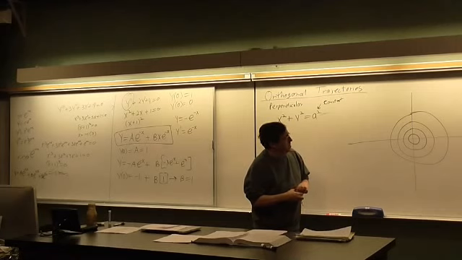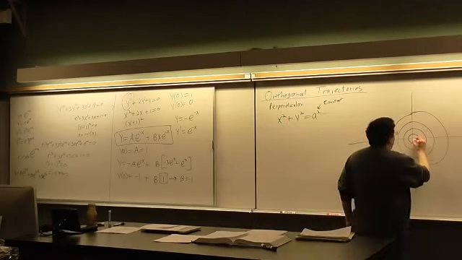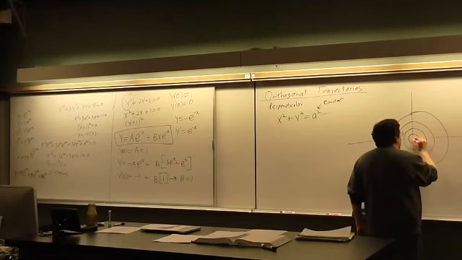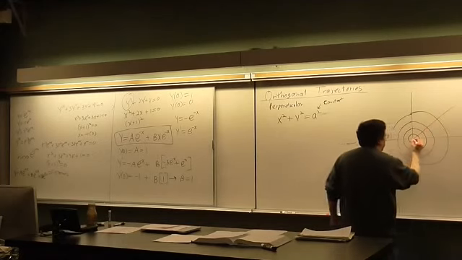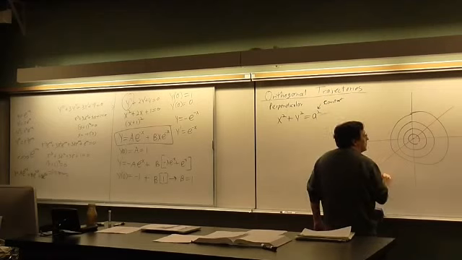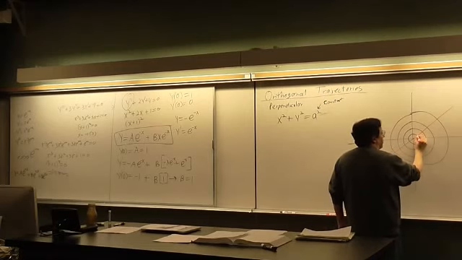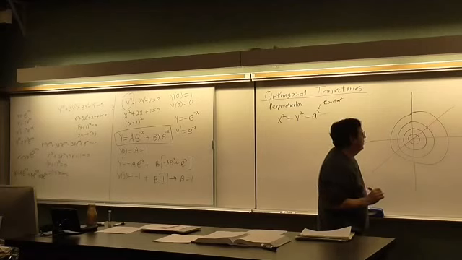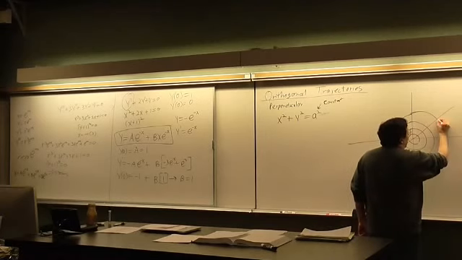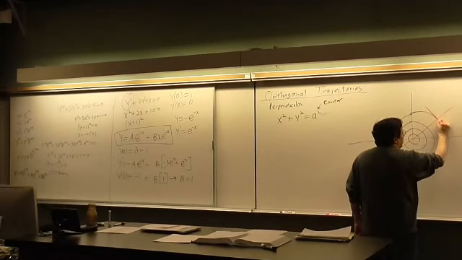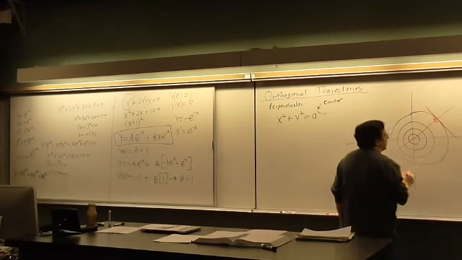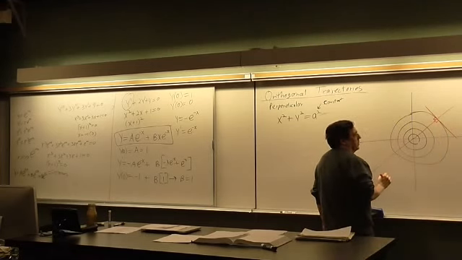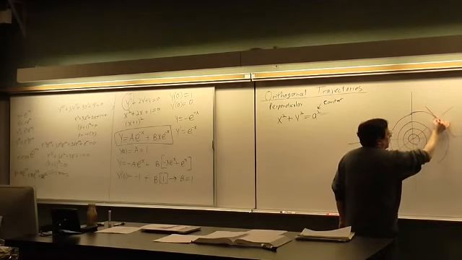Now, this might not be obvious, but you have a line that goes through the center. Well, the line segment to the circle is always a radius. And you may recall from your high school geometry that a radius is always perpendicular to the circle.